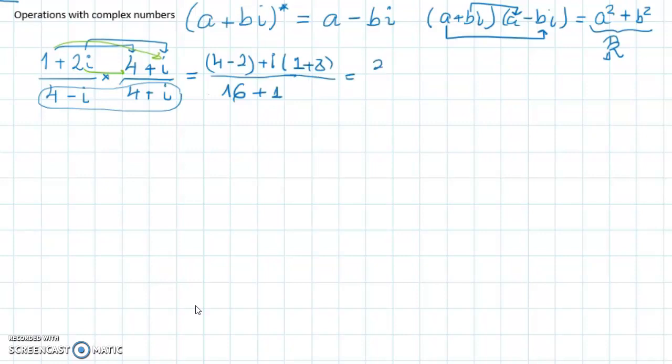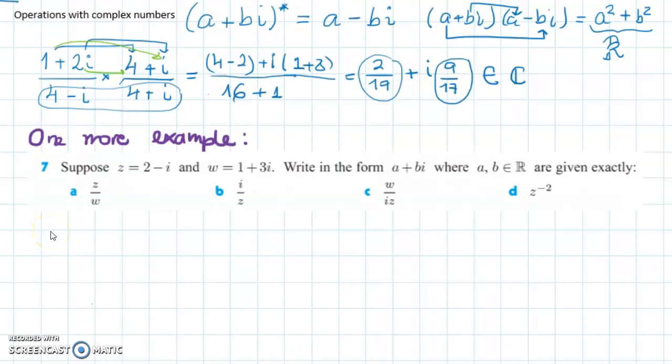So this number is 2 over 17 plus i multiplied by 9 over 17. And we are done, because by making sure that the denominator is a real number, what we made sure is that we wrote our complex number in the form a plus i times b. So this will be the real part here, and this will be the imaginary part here.